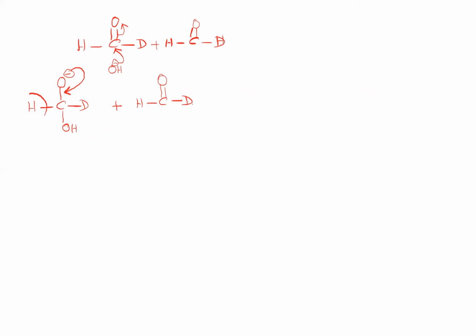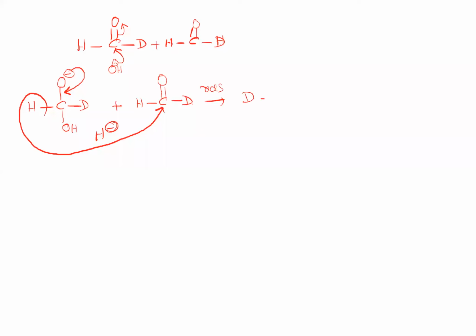So H is expelled as H minus. Hydride shift takes place, not deuteride. That you have to remember, children. H minus is shifted. This is the rate determining step, the slow step.